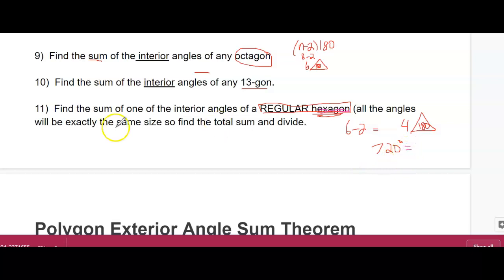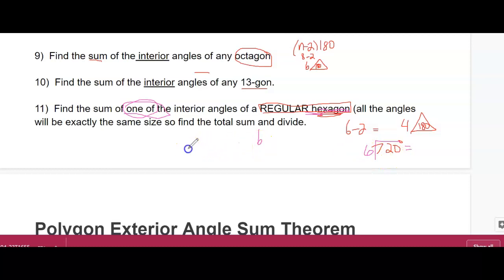But I want to find exactly one. Oh no, it says find the sum of one of the interior angles. So I want one of the angles. If there are six sides and there are 6 angles, all I have to do is divide this by 6. So what is 720 divided by 6? Could you divide 720 by 6?